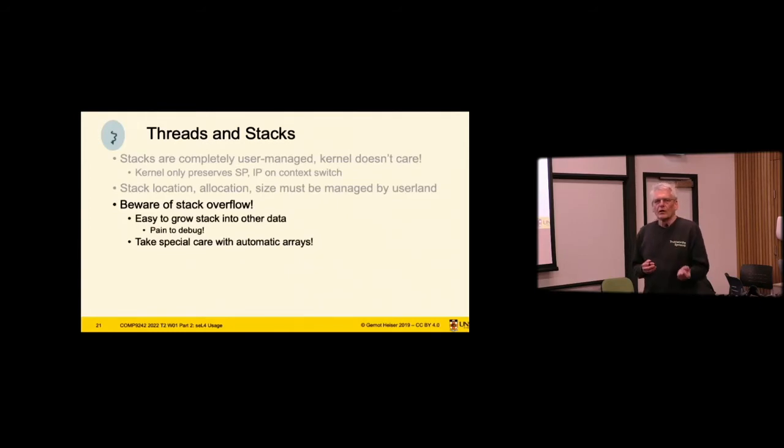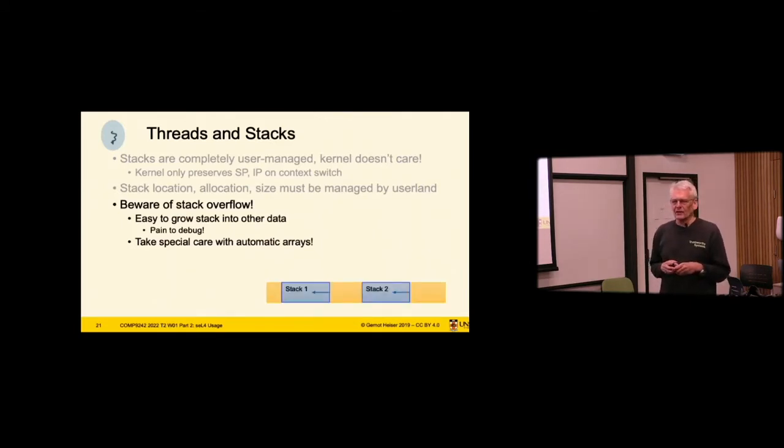And one of the things that a lot of people run into is stack overflows, which can be really hard to debug. So the typical case to produce those is big automatic arrays. So assume you have, for example, 2 threads in this address space. Each one has to be given a stack at non-overlapping locations, obviously. And obviously you want to keep them far enough apart so they don't run into each other, otherwise you get funny results. But that's not enough, because one of these things could just allocate a big array.